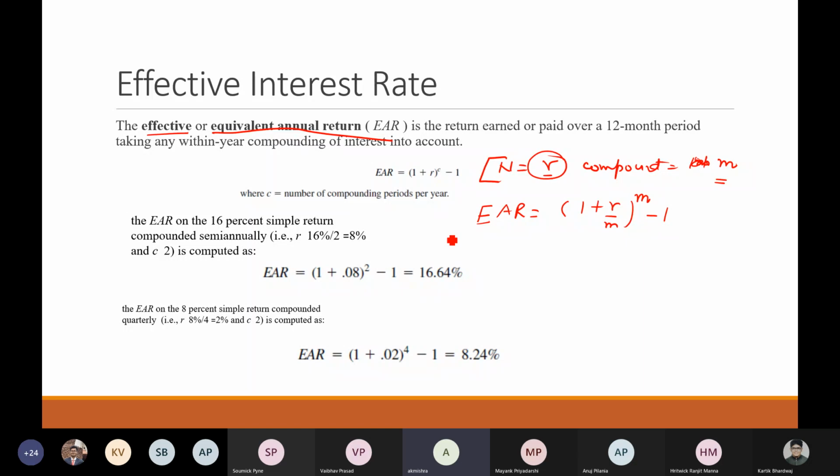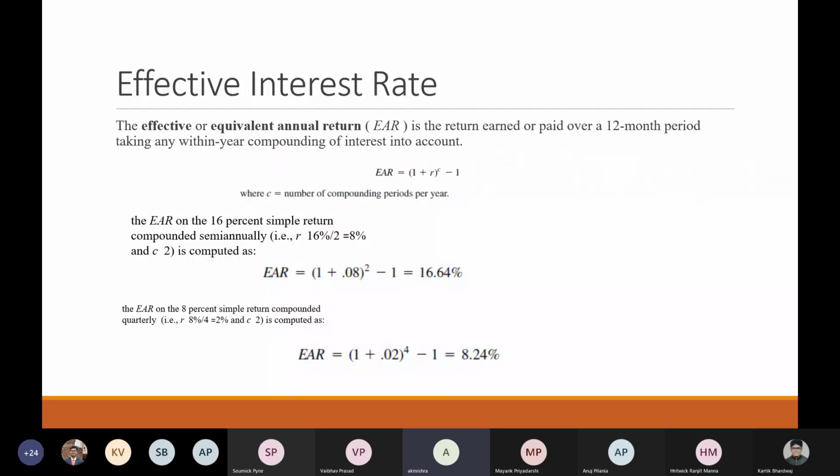Why minus 1? Because when we calculate 1 plus EAR is equal to 1 plus r by m to the power m, this way. So if you want to calculate EAR, it should be adjusted here. So this is the formula to calculate EAR.